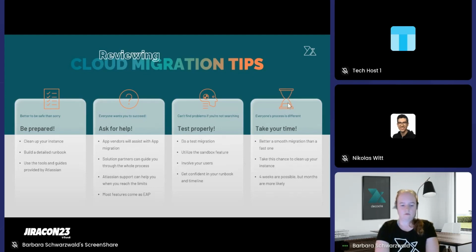So if there is one specific thing that's a blocker for your migration, you can contact Atlassian either directly or via your solution partner to see whether you might be able to join the early access program for that feature if it's coming soon. Especially if you're working with a solution partner, they should be in contact with Atlassian and know which features are right around the corner and might have an early access program.